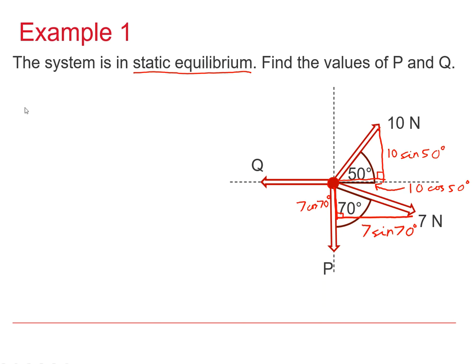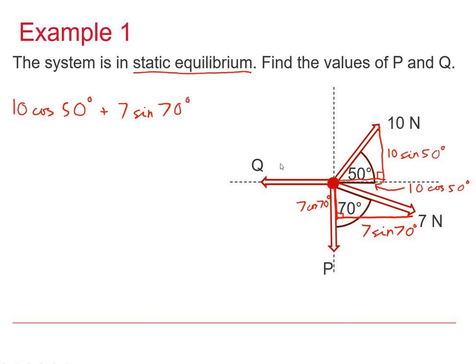So let's start with the horizontal components. We'll define right as being the positive direction. So if we add together the forces acting horizontally, we have 10 cos 50 degrees plus 7 sine 70 degrees.